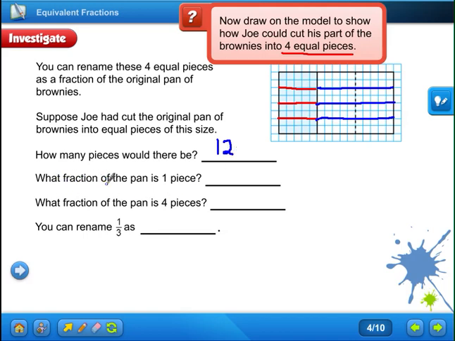What fraction of the pan is 1 piece? 1 piece, so one of these. Well, it is 1 out of how many total pieces? 1 right here out of 12. 1 out of 12.